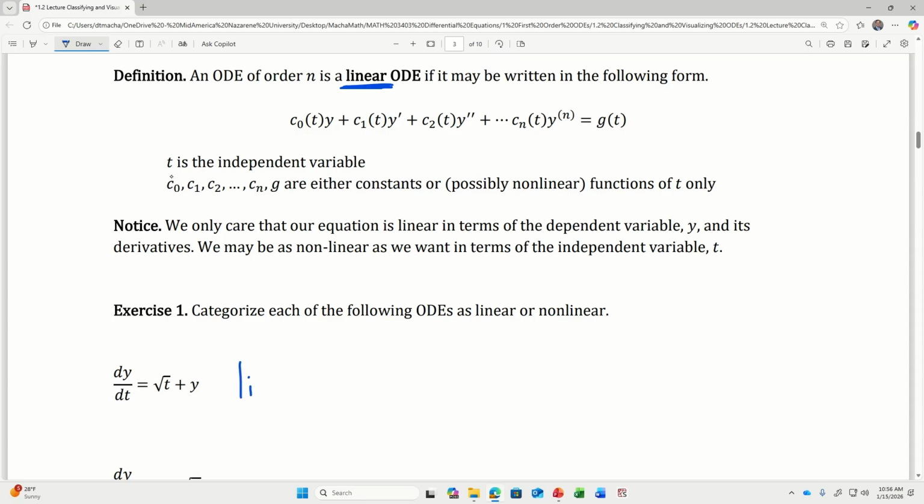So the square root of t is a non-linear function of t. We don't care about that because t is my independent variable. I only really care that my differential equation is linear in terms of the dependent variable. Nobody cares what happens to the independent variable.